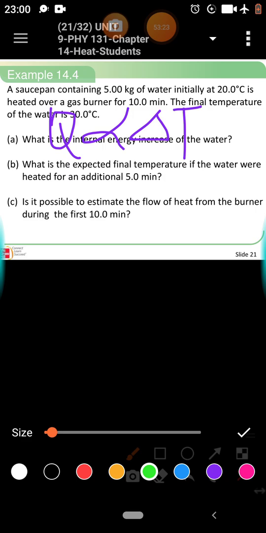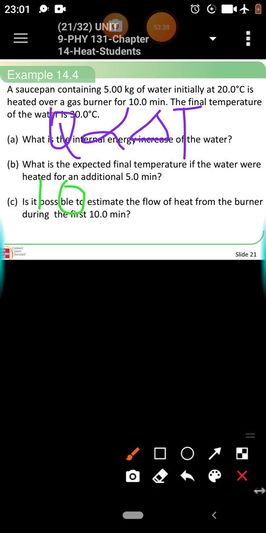The change in temperature is 30 minus 20, which is 10 degrees.